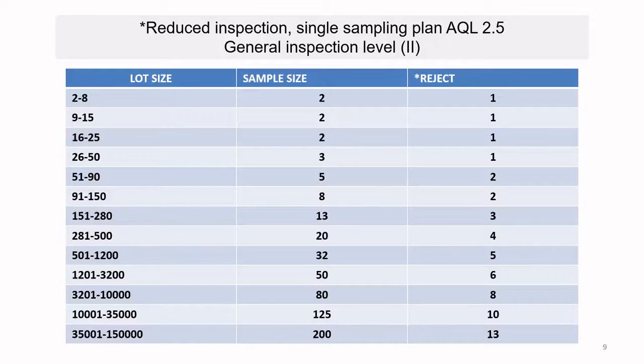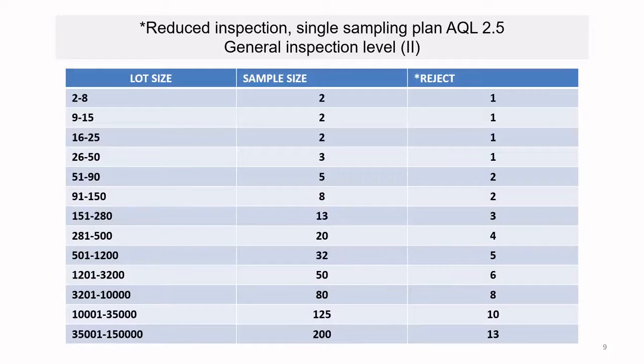So whenever anyone comes for an inspection or whenever you are taking an order from a new buyer, you have to ask the buyer or the client that when the inspections are happening, what method will be used for inspection? Will it be normal inspection or tightened inspection or reduced inspection? Will you allow double sampling plan or you will only allow single sampling plan?